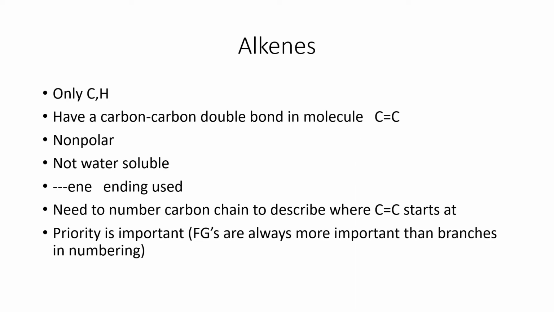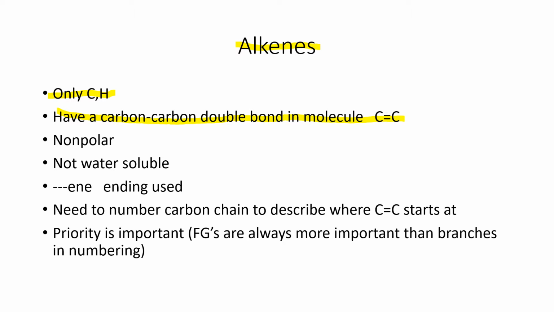The next functional group we want to talk about are the alkenes. And alkenes only have carbon and hydrogen in them. What makes an alkene an alkene is that they have a carbon-carbon double bond somewhere in the molecule. So not everything is going to be a carbon-carbon single bond. We're going to see one carbon-carbon double bond somewhere in that molecule.